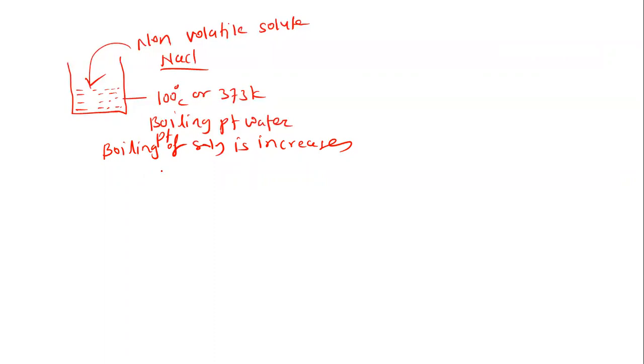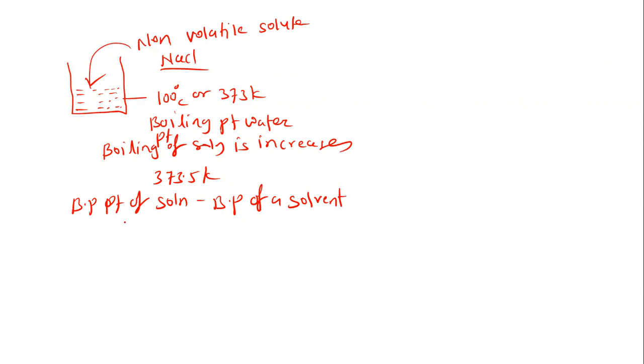Now suppose that boiling point is 373.5 Kelvin. This is the boiling point of the solution. The difference between the boiling point of a solution and the boiling point of a solvent is called elevation in boiling point.